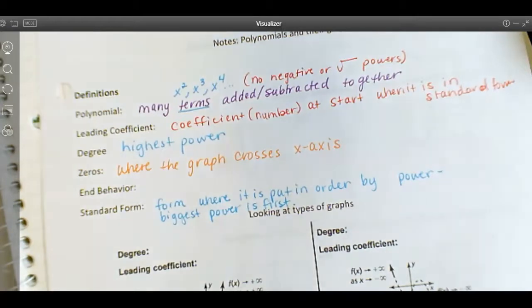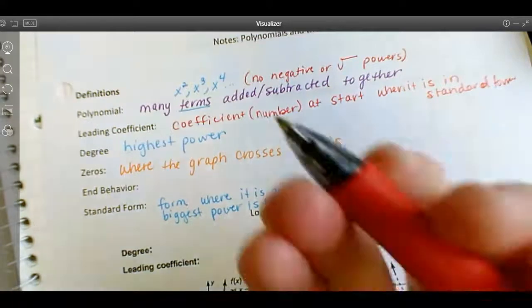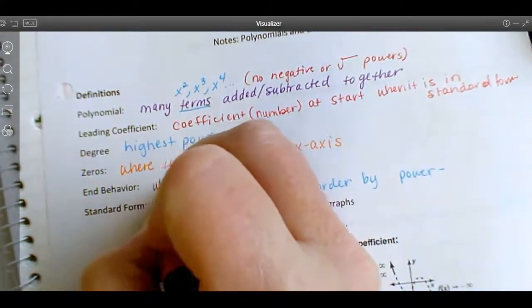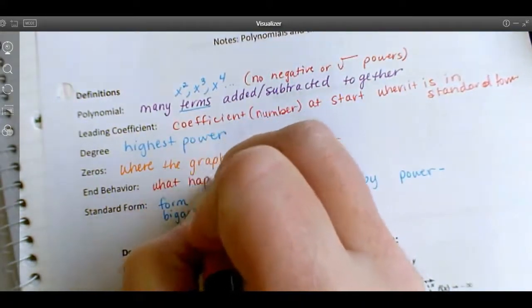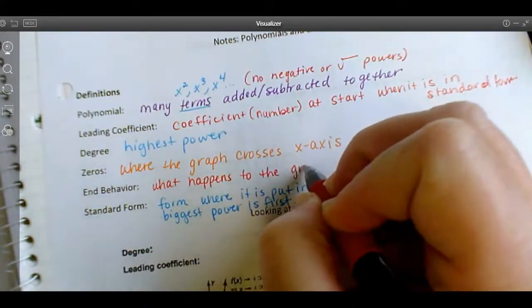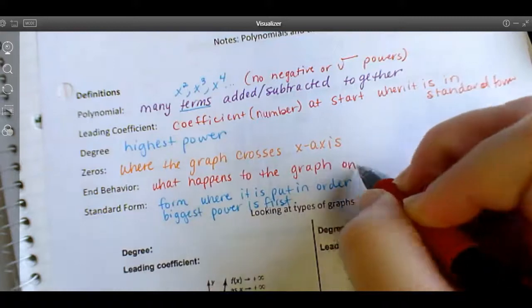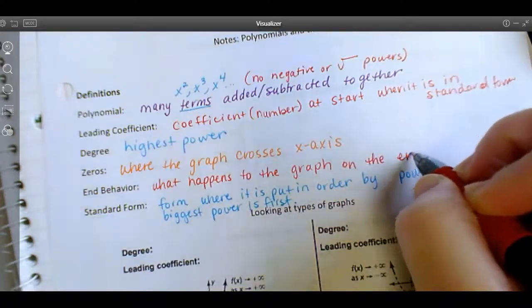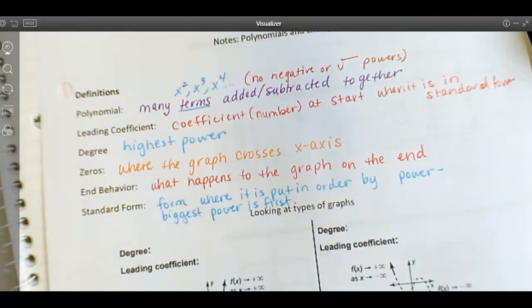And then the end behavior explains what happens on the end. And I'll explain that when we look at some examples there as well.